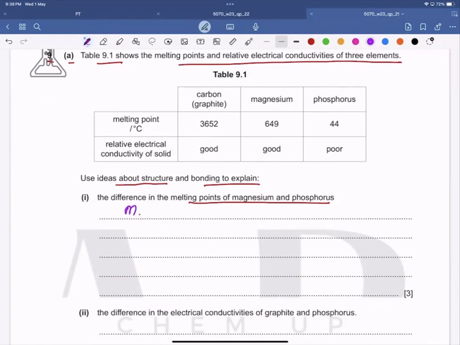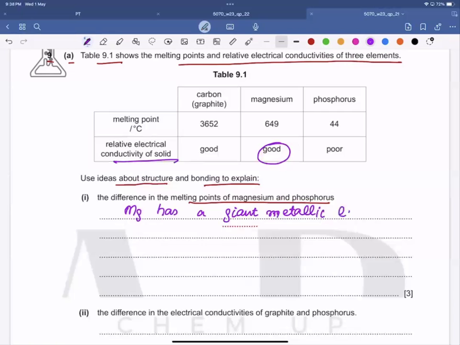So magnesium has a giant metallic lattice. How do we know? Because it's a good conductor of electricity and it's a metal, right?